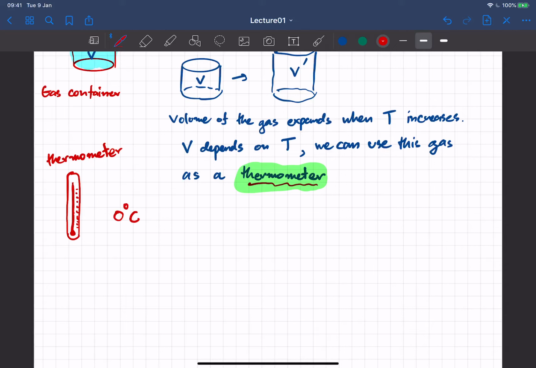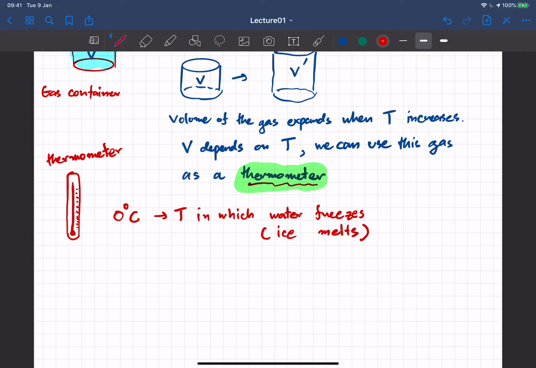So 0 degrees Celsius is defined to be the temperature T at which water freezes, which is the same temperature as ice melts. We just call this one 0 degrees.